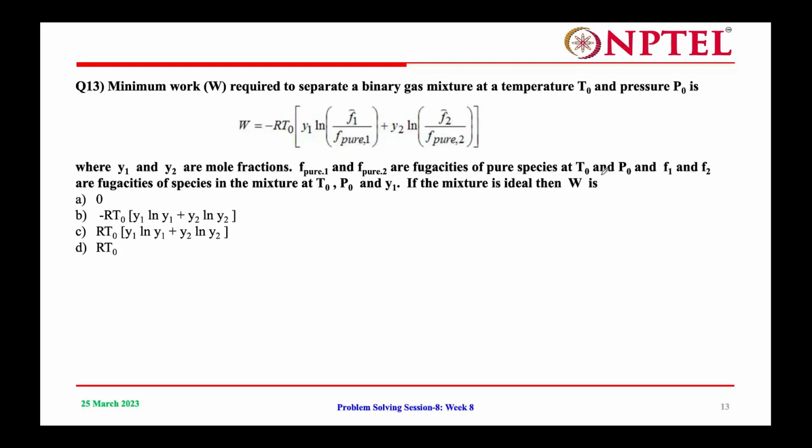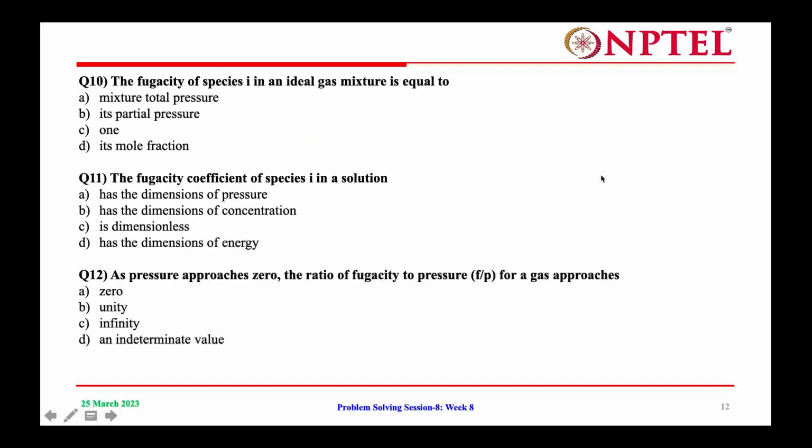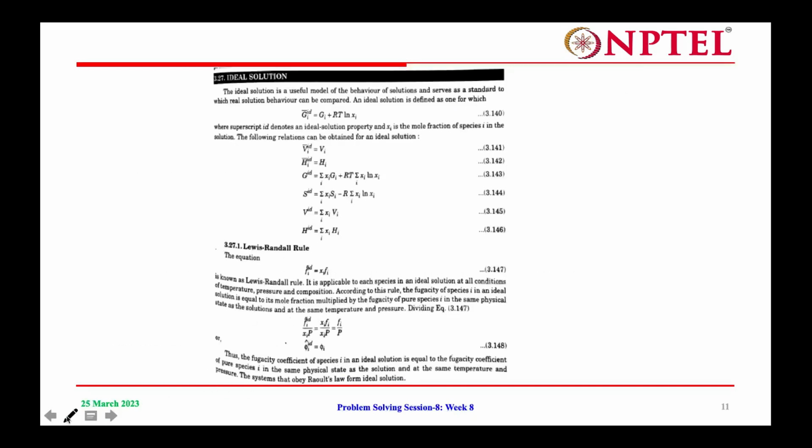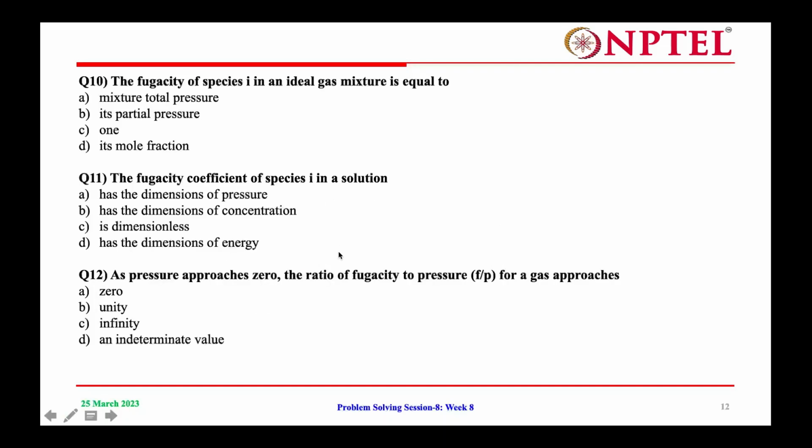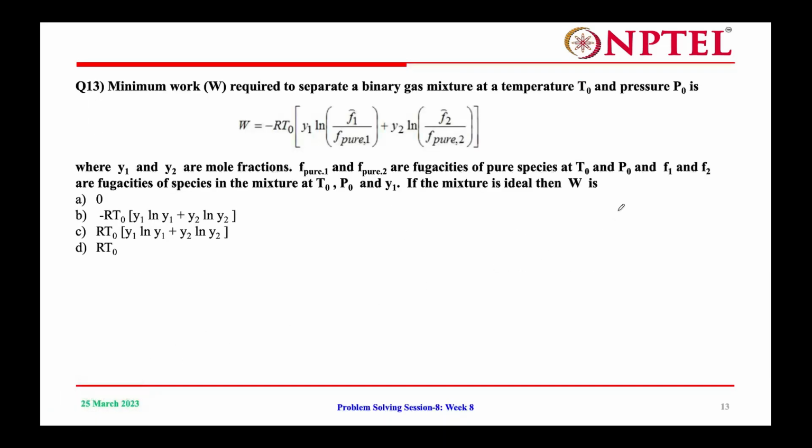Here we have to use the Lewis-Randall rule. f_i bar equals x_i f_i. Here I can write y. So f_i bar divided by f_i equals y. Consider y1 and y2, based on the Lewis-Randall rule.